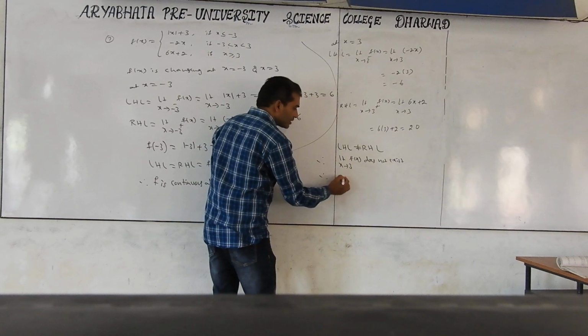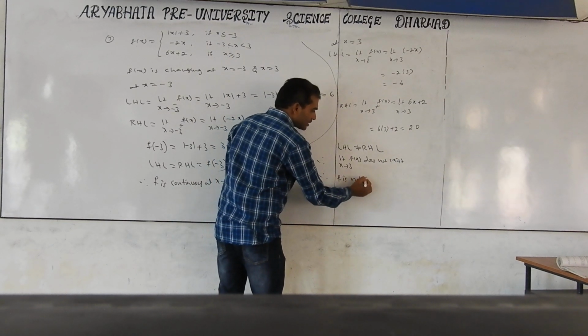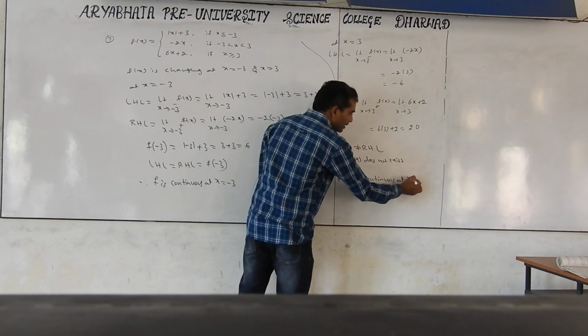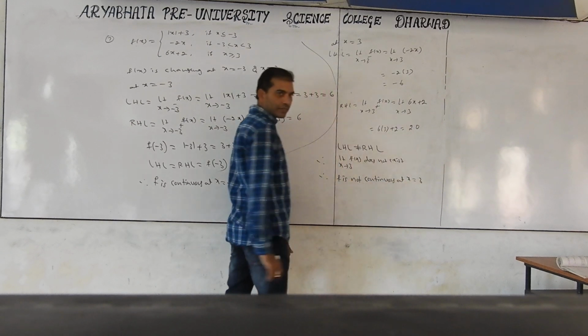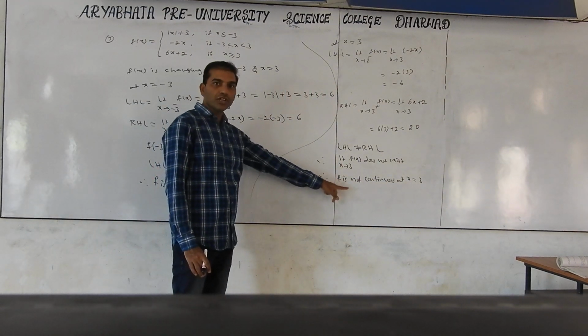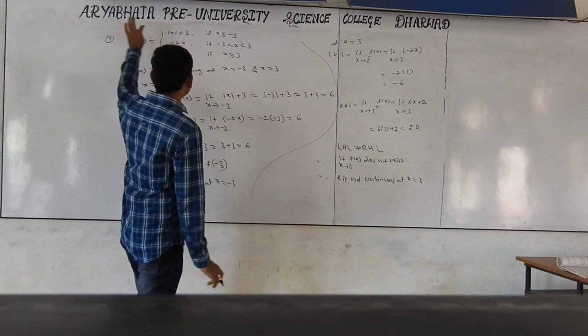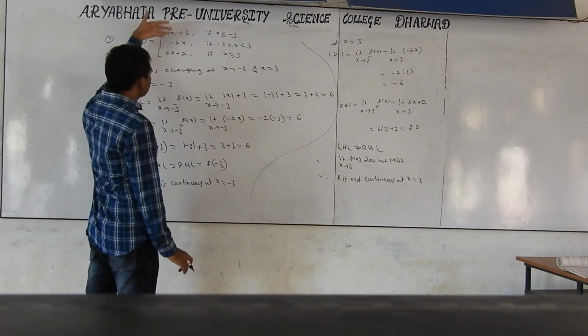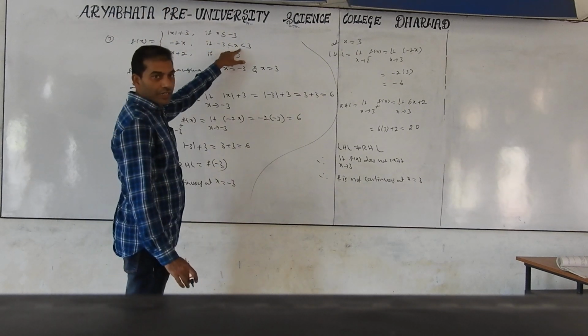Therefore, f is not continuous. At what point? At x equal to 3. Tell me the discontinuity point. 3 only. What is the question? Find all discontinuity points. Below minus 3 there is no change, so it is continuous. In between, continuous.